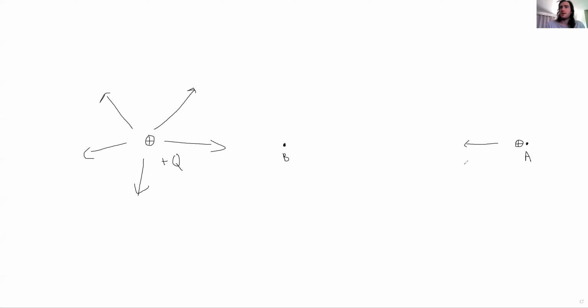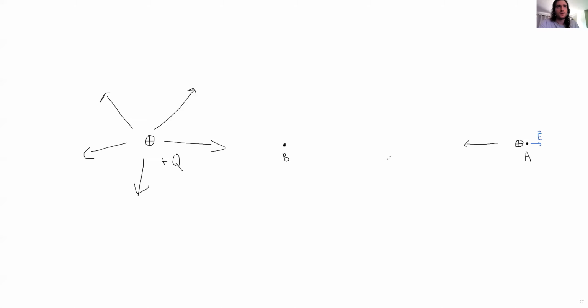How much work would the electric field of the big plus Q do, though? Well, the big plus Q has an electric field pointing in this direction at that location, and it's pointing in this direction at this location, and so it would do negative work, right? The electric field of this big plus Q here would do negative work. Let's go ahead and use a different color for the electric field.